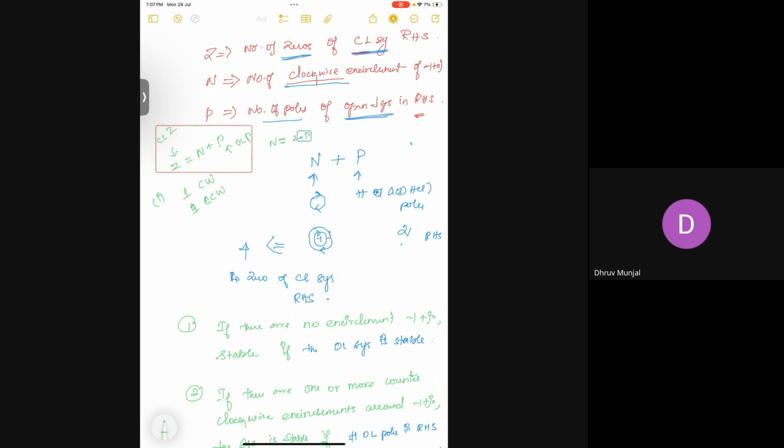For the second system, it is circling -1 one time counterclockwise and one time clockwise.